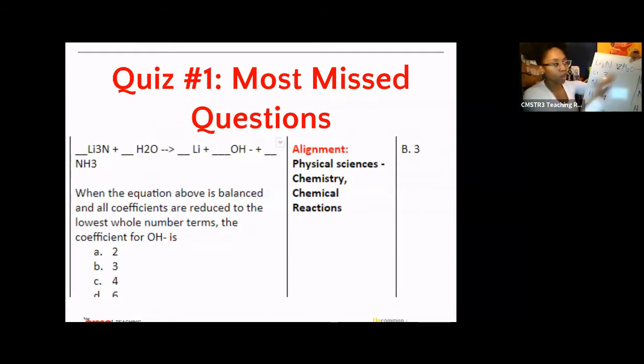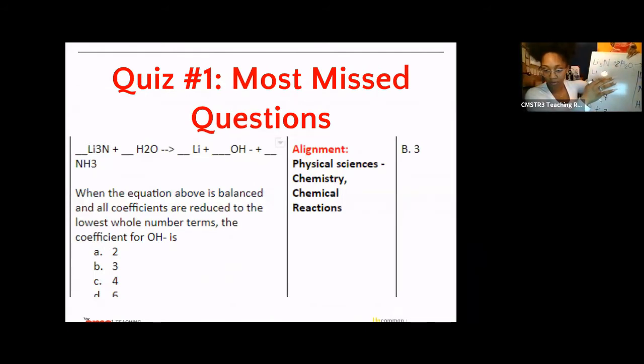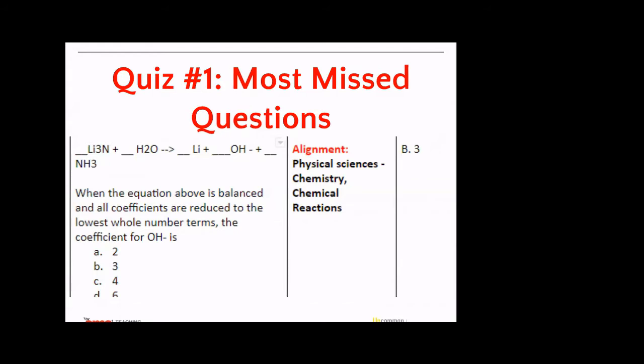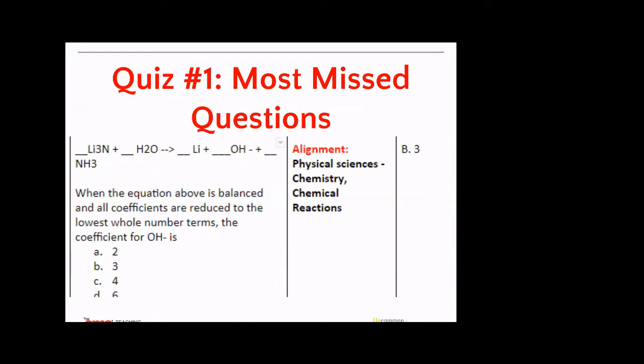When you end up with an odd number, you have to do a little bit more finagling because you want everything to be even. There's no way to make 5 hydrogens. If you make 5 hydrogens on the other side, you keep messing everything up. So we could keep doing this, but it's already 7:51. If you've written that example down, you'll see that if you go fix the hydrogen on the other side and make it a 5 in front, you'll have no choice but to change the other oxygen to a 3.